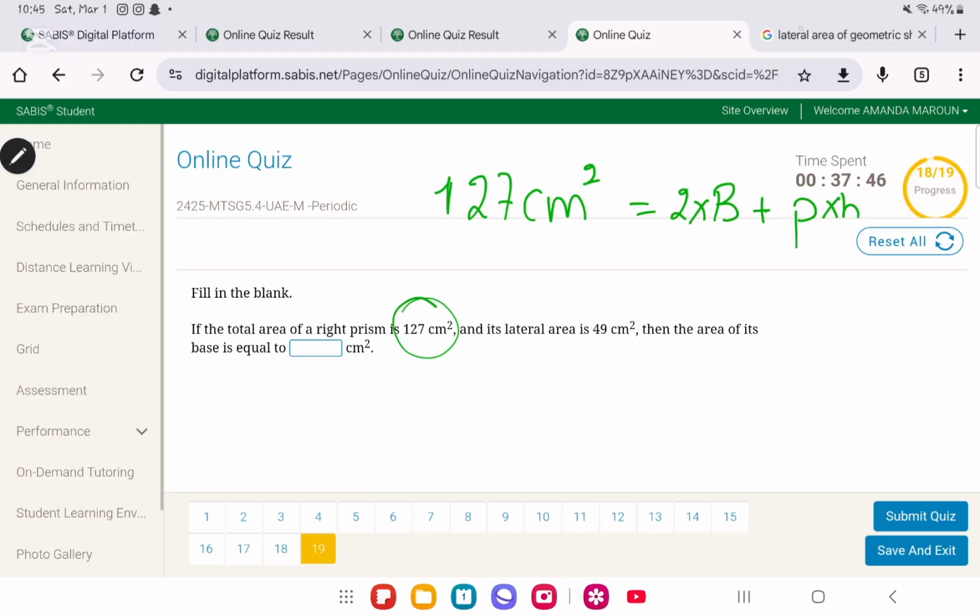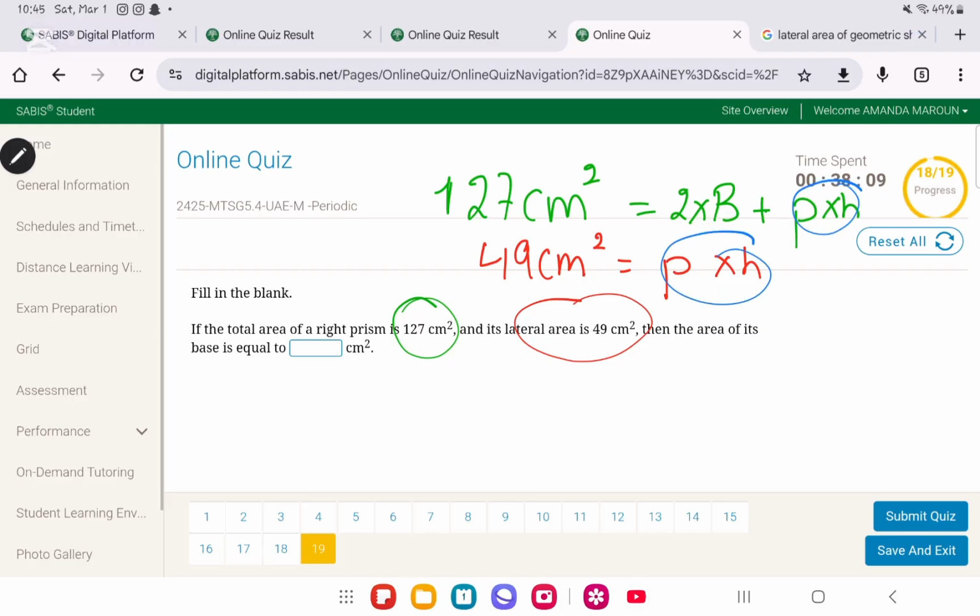And its lateral area is 49 centimeters squared. The lateral area is equal to the perimeter of the base, denoted by P, times the height, denoted by H. What do these two have in common? They have in common the perimeter times the height. So perimeter times height is 49 centimeter squared.